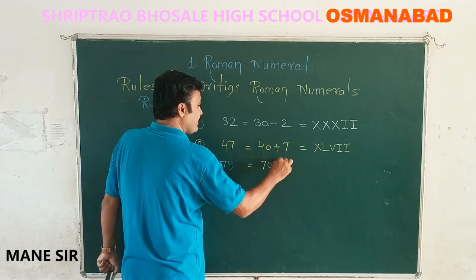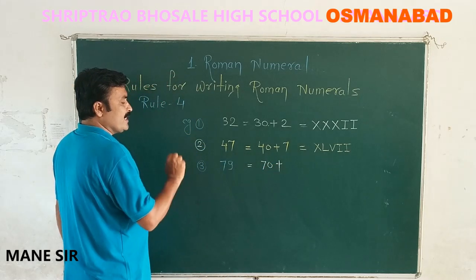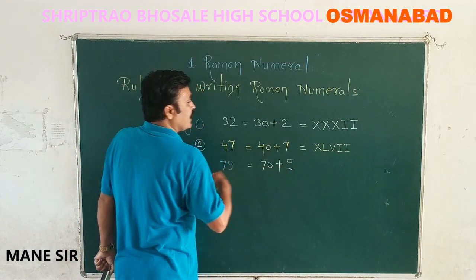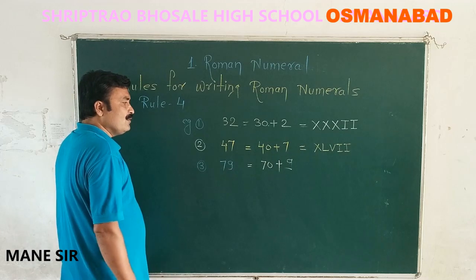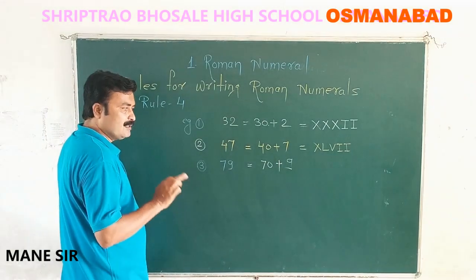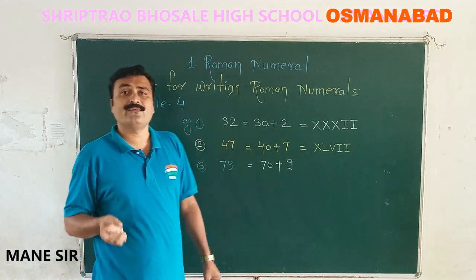Thereafter, take plus sign. Write place value of 9, that is 9. Now 70 plus 9, this is the expanded form. Now let's think about how we can write 70.